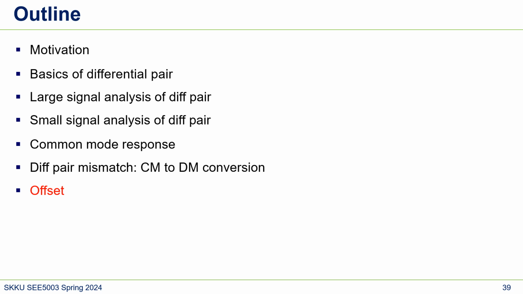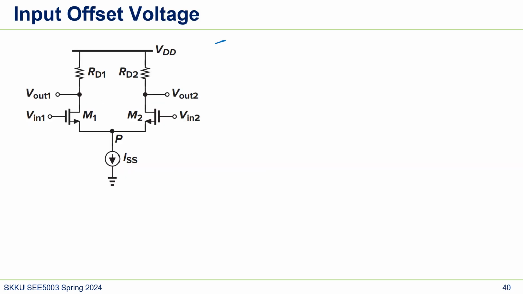Next, we will briefly look at the input offset. So ideally, if V in 1 and V in 2 are equal, then what we want is V out 1 and V out 2 equal, right?